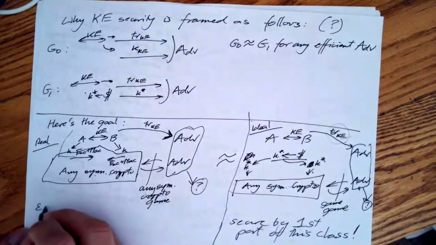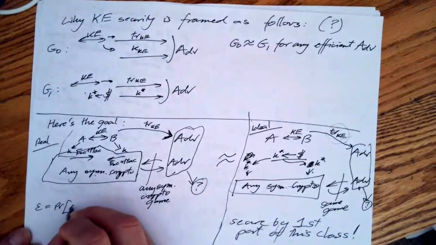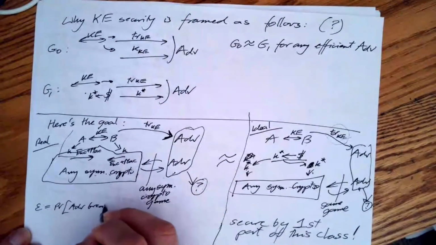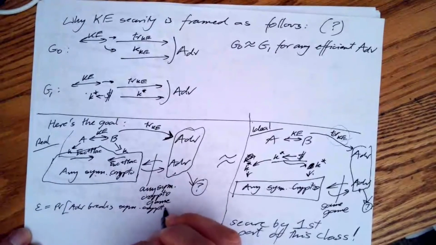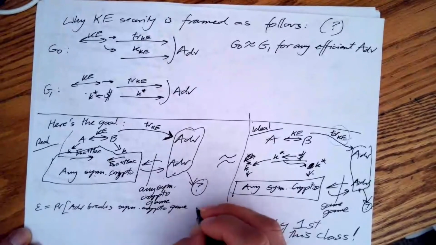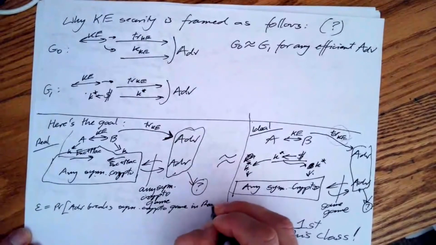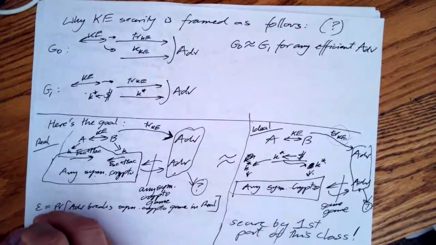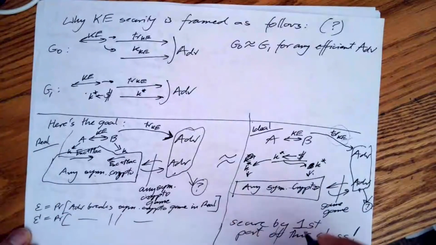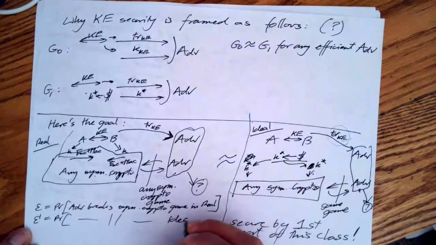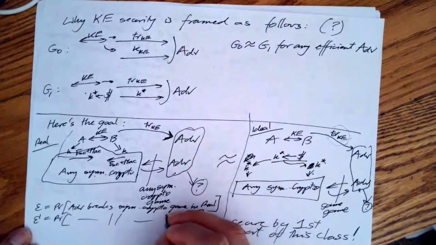Let epsilon be the probability the adversary breaks the symmetric crypto game in the real world. Let epsilon prime be the probability that the adversary breaks the symmetric crypto game in the ideal world.